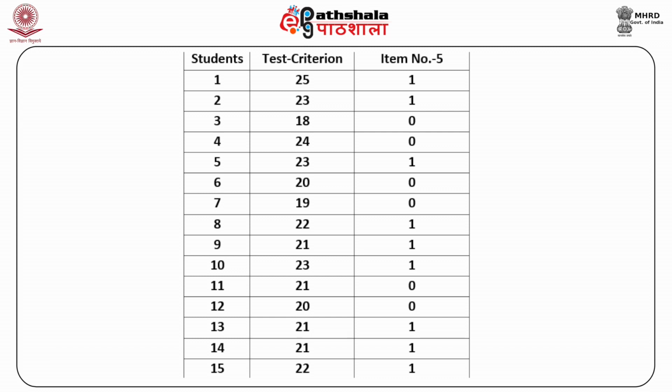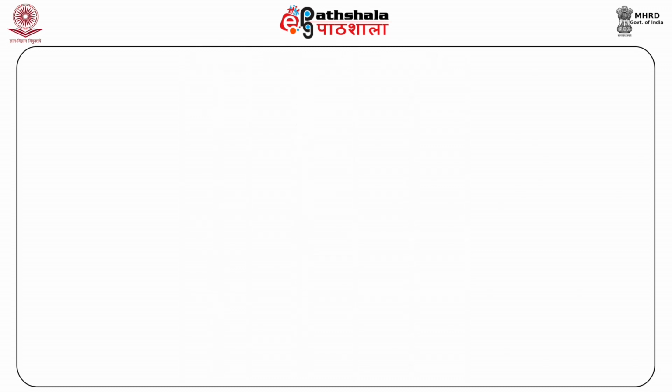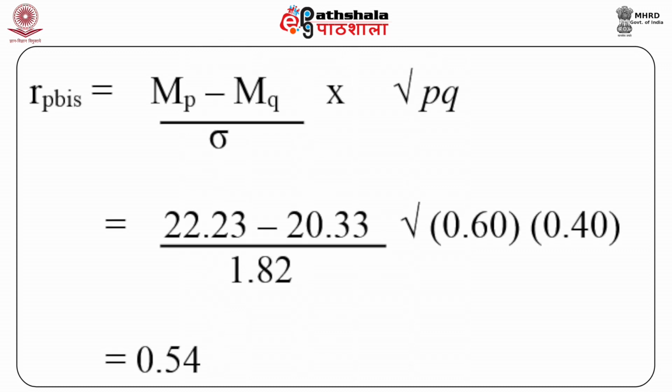P is equal to 9 divided by 15, which is 0.60, and Q is 6 divided by 15, which is equal to 0.40. Sigma is 1.82.